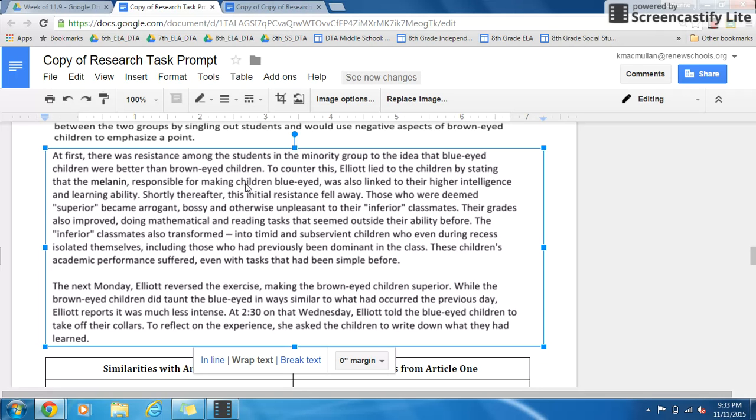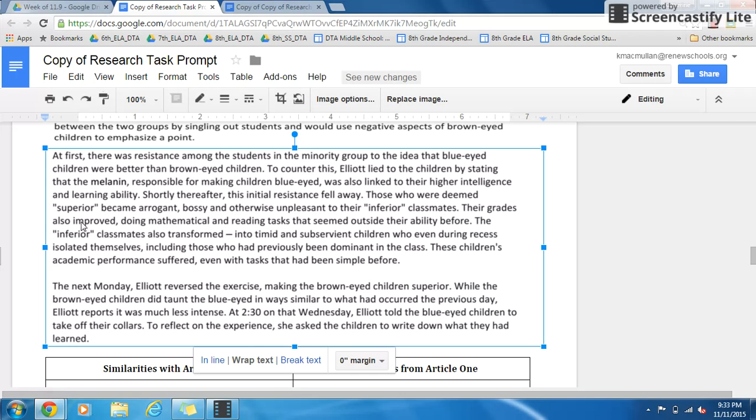At first, there was resistance among the students in the minority group to the idea that blue-eyed children were better than brown-eyed children. To counter this, Elliott lied to the children by stating that the melanin responsible for making children blue-eyed was also linked to their higher intelligence and learning ability. Shortly thereafter, this initial resistance fell away. Those who were deemed superior became arrogant, bossy, and otherwise unpleasant to their inferior classmates.